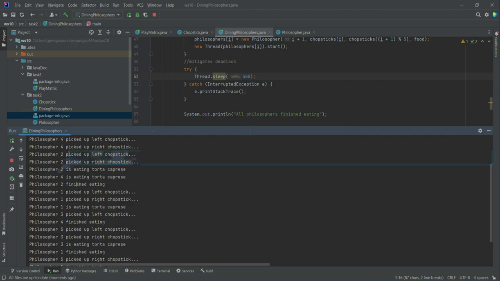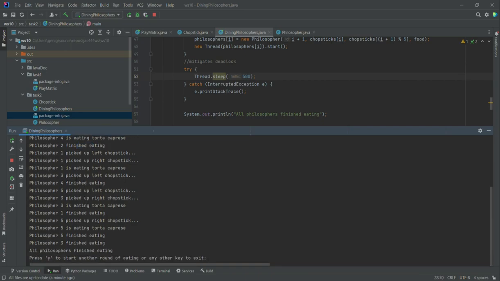And number 2 is done first. Then we have the other guys. And even though number 5 is the latest to have the chopsticks, of course number 5 also eats, but number 5 finishes faster than number 3.